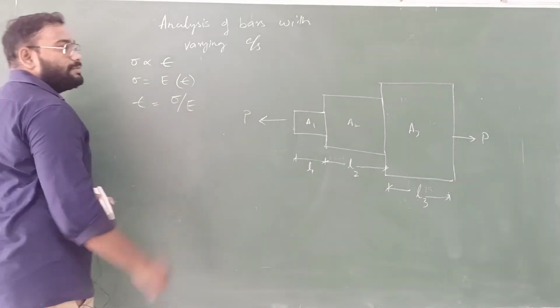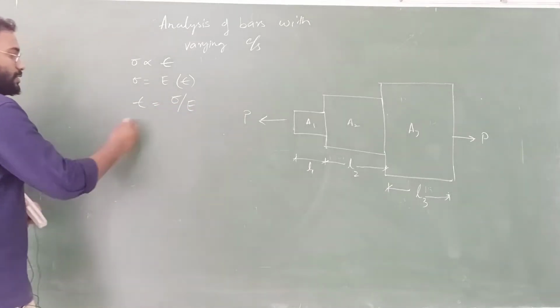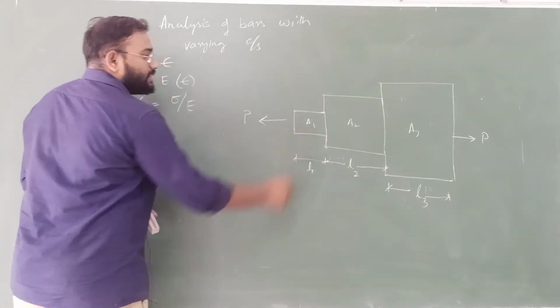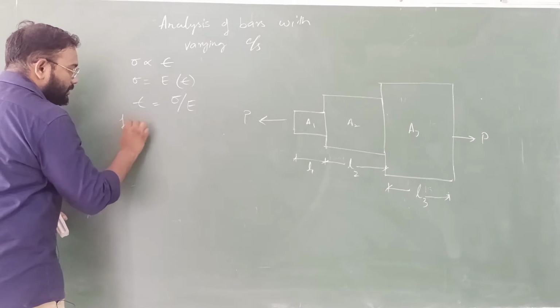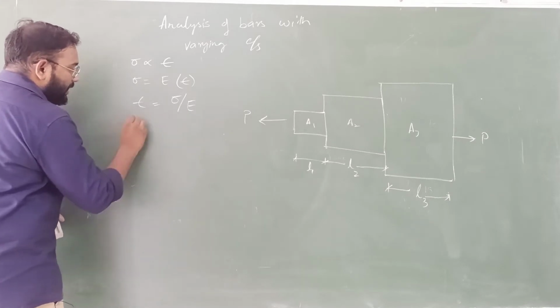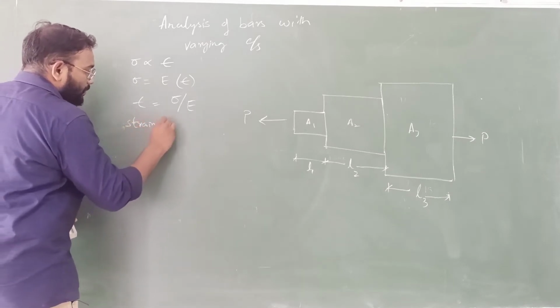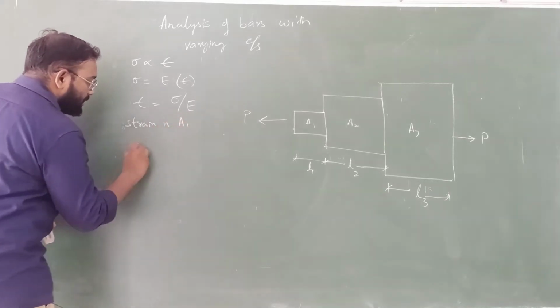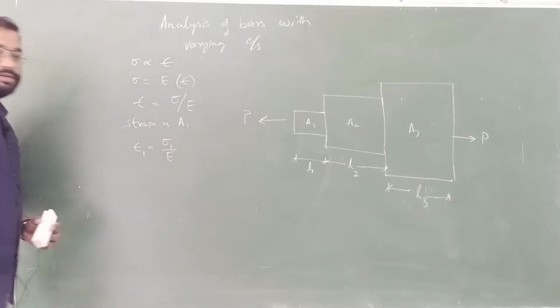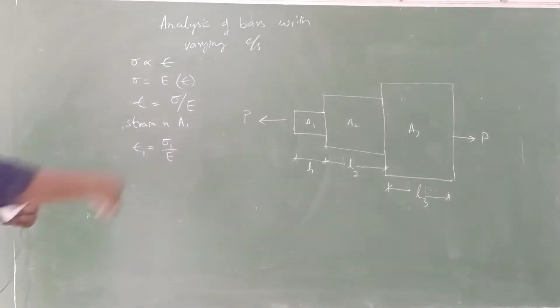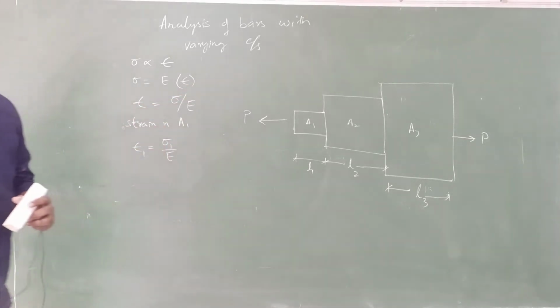Strain is stress divided by Young's modulus. So if we want to write the strain in component A1, it will be epsilon 1, which is equal to sigma 1 by E. Corresponding stress divided by Young's modulus.